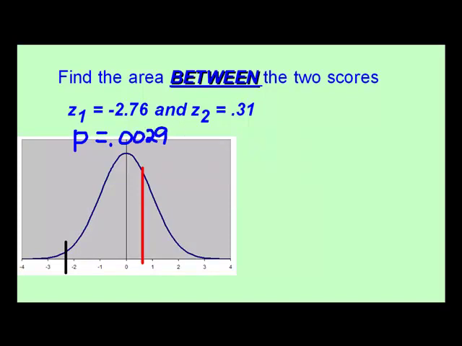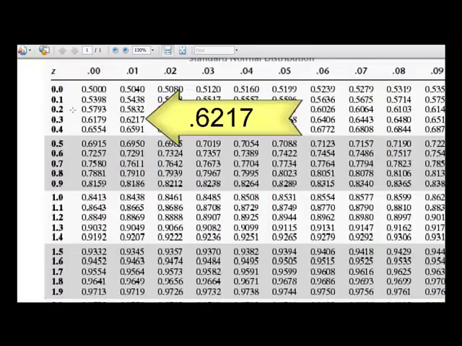The probability of a z-score that is 0.31, go to the positive z-score chart. 0.31 is 0.6217.